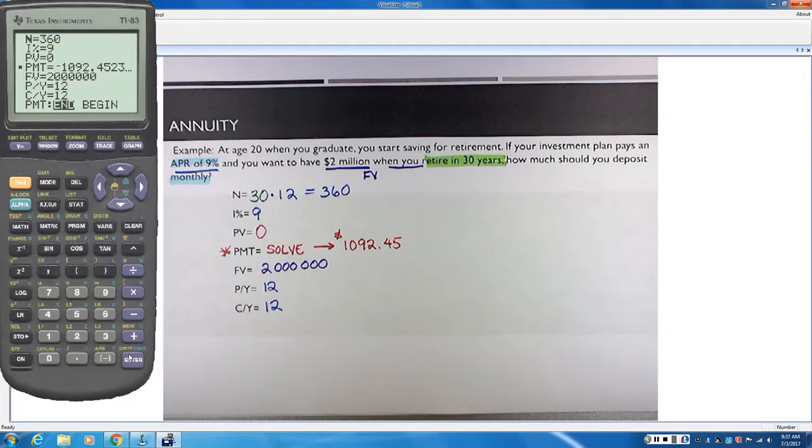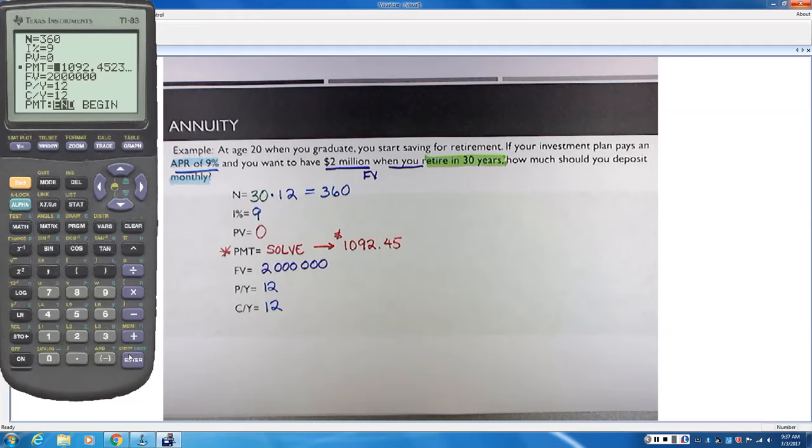Can you come look at my calculator? It'll let you put everything in, but it won't let me solve it. Go back up to your payment. Press the green button. Okay, these are at the end.